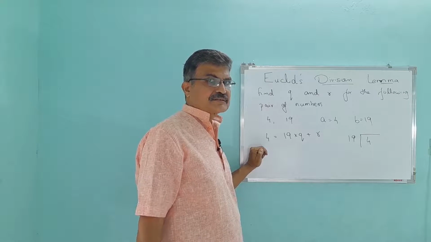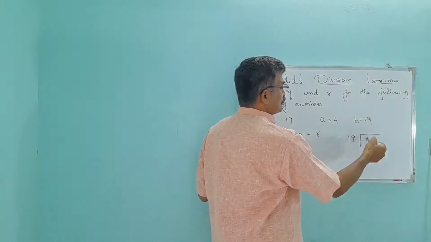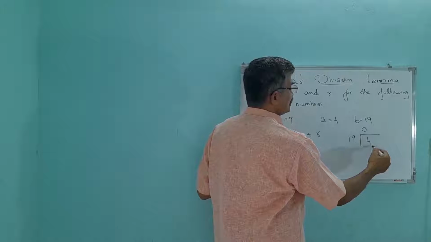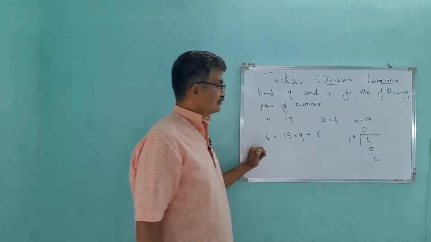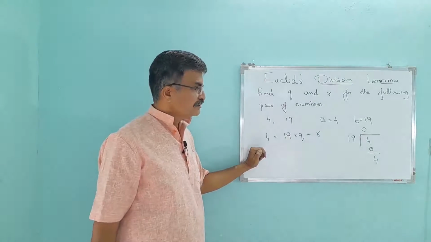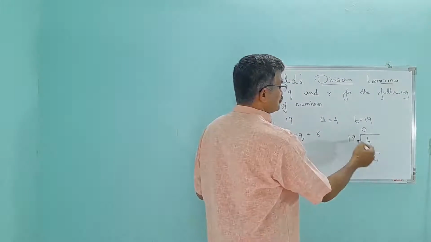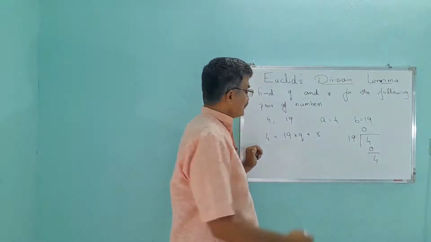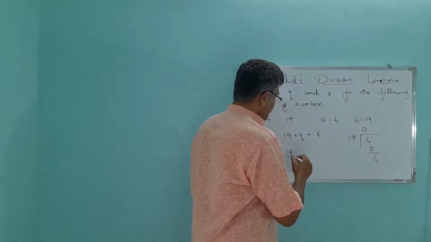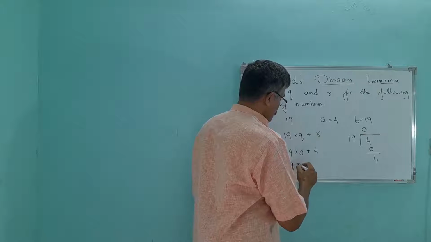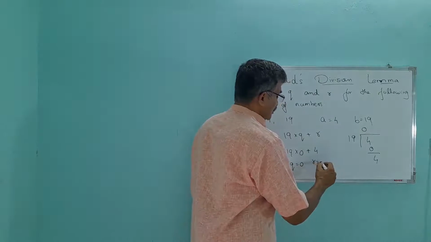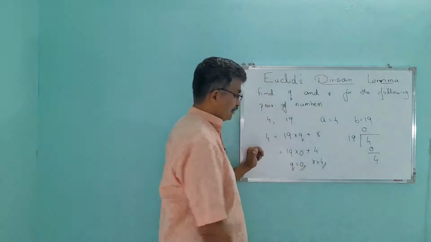How many times? 0 times, because 4 is less than 90. 0 times 90 is 0, remainder 4. This is r. r should be less than 90. So this is 4 is equal to 90 into 0 plus 4. So q is equal to 0 and r is equal to 4. Am I right?